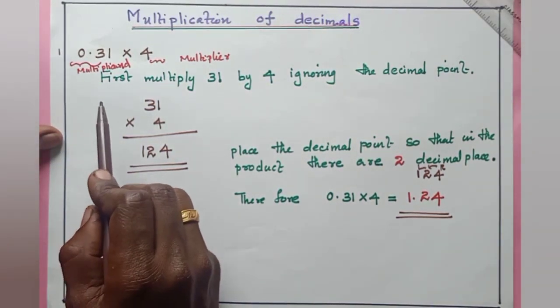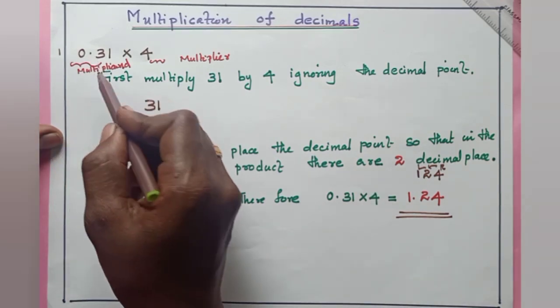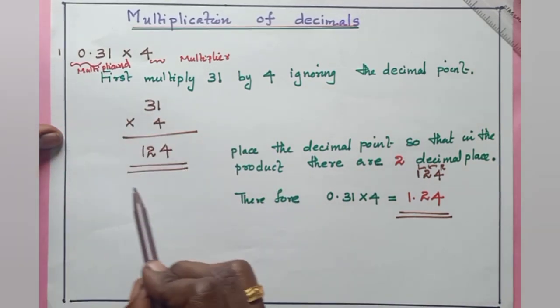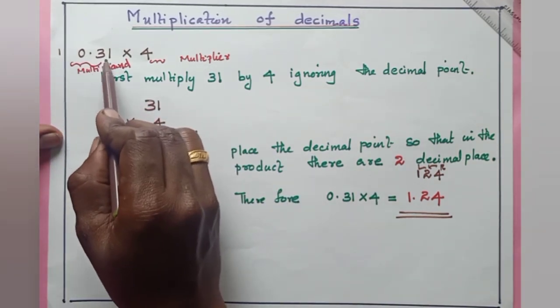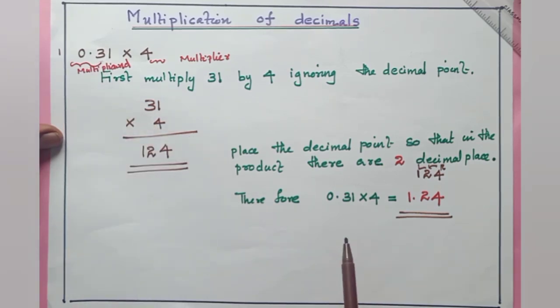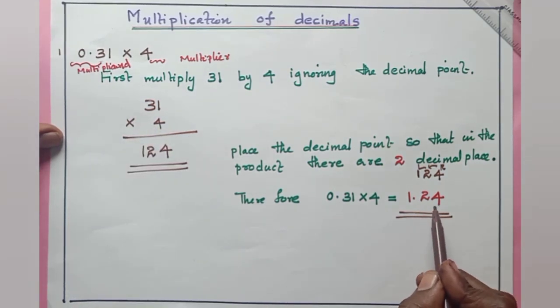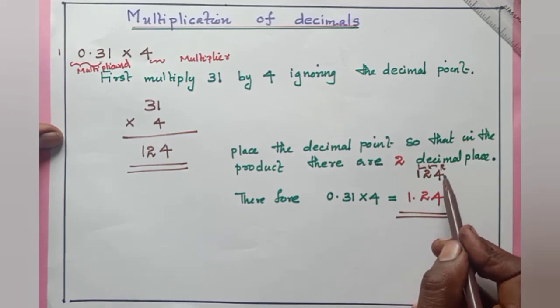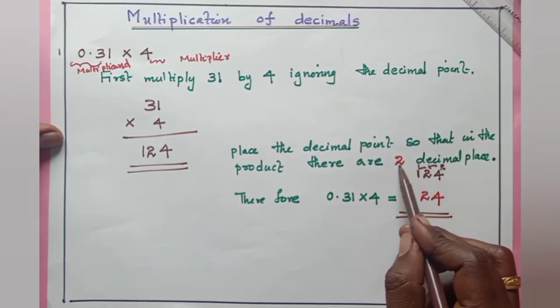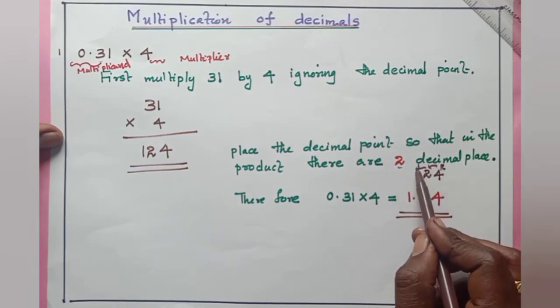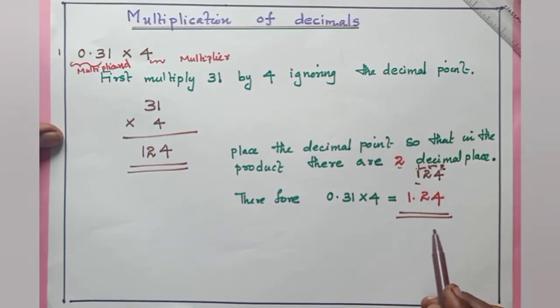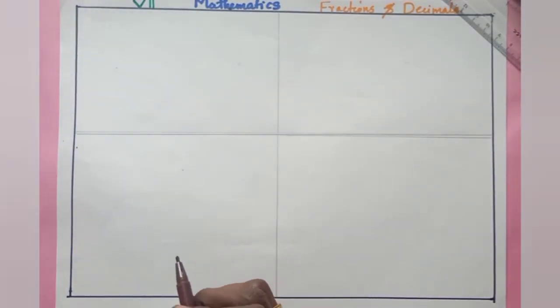So check how many decimal places the multiplicand has. Here the multiplicand has 2 decimal places. So change into 2 decimal places, right to left. Clear all of you? Okay, listen to the second question.